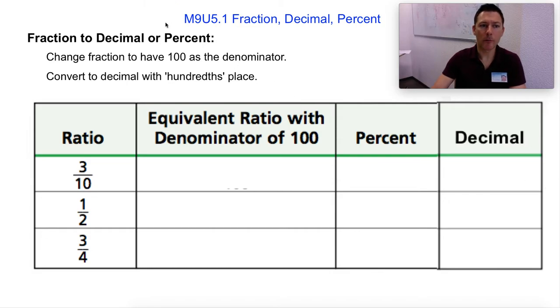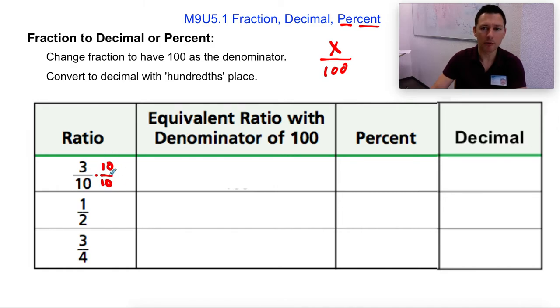I also want you to be able to go back and forth between fraction and decimal and percent. So you can change a fraction to have 100 as the denominator, and that'll give you the percent in a different format. Percent means something divided by, per means divided by, and the cent means 100, right? So 3/10 as a percent, you can think about as if you change this denominator to 100 by multiplying by 10, multiply bottom by 10, you'd have to multiply the top by 10.